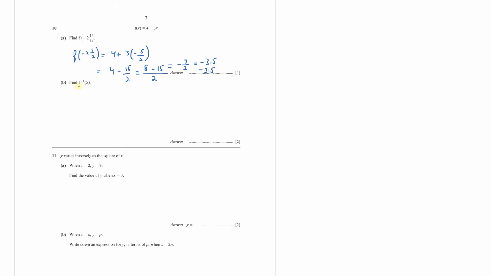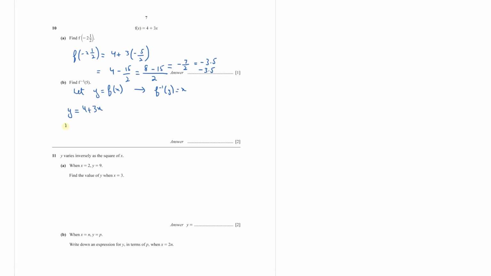Part B is find f inverse of 5. So first we need to find the inverse of this function. So we let y equal f of x. This gives you f inverse of y equals x. So y equals f of x, and f of x is 4 plus 3x.